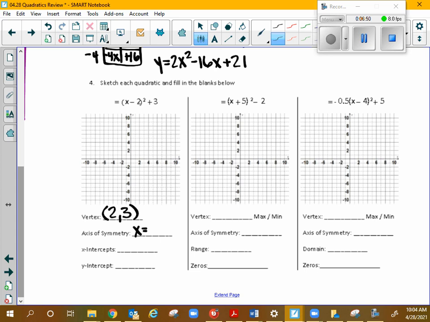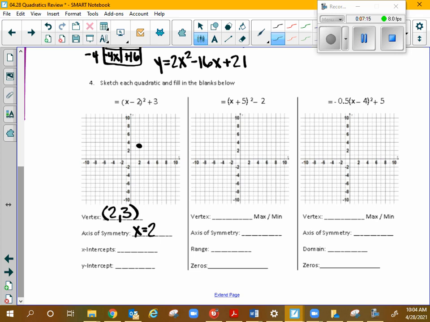X equals 2. So axis of symmetry always X, asymptote always Y. Does that give me my x-intercepts? No. Does it give me my y-intercepts? No, it does not. It gives me my vertex. So 2, 3 is my vertex. What's my A value?